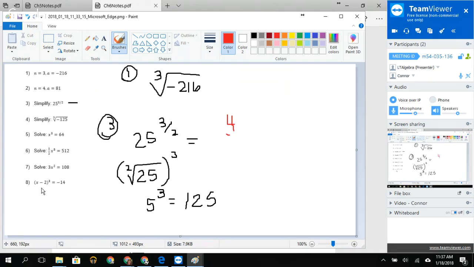Then number 4 is the cube root of negative 125. This looks really familiar, right? This negative 125, and I just saw that 5 cubed equals 125. So I would guess that the cube root would be 5. And actually, is that 5 or negative 5? I'm thinking for a minute here.